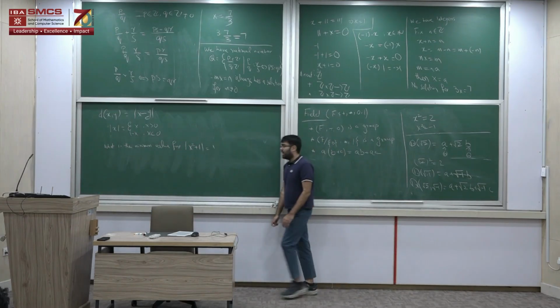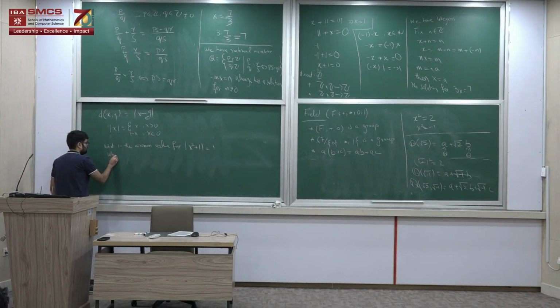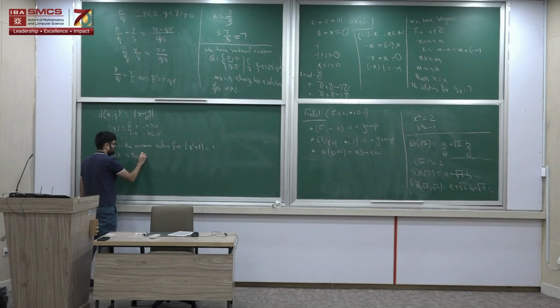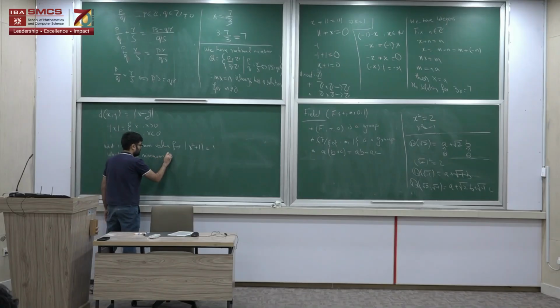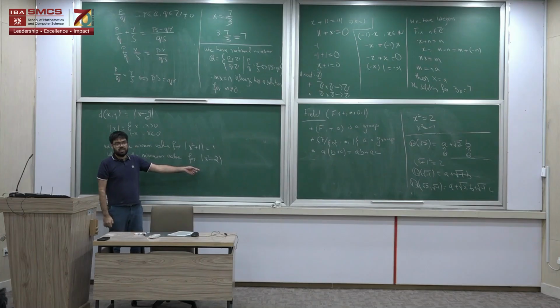It's not like I can get too close to finding a solution. But what is the minimum value for x square minus 2? So what is the minimum distance I can come from solving this equation?